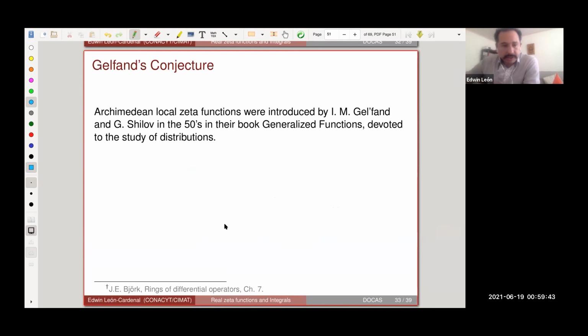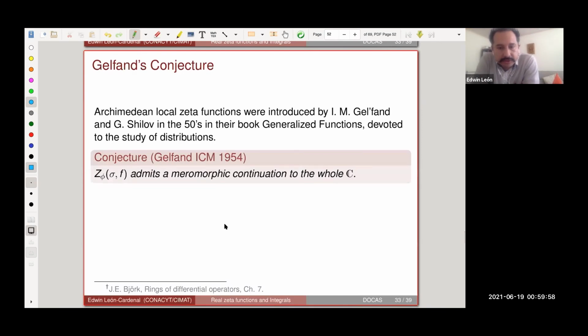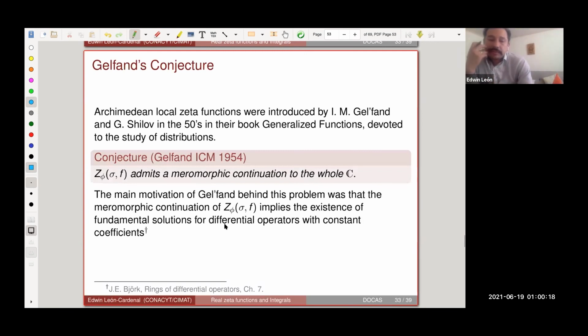So, a little bit of history. Archimedean local zeta functions were introduced by Gelfand and Shilov in the 50s in the book Generalized Functions. Generalized functions are known nowadays as distributions. So in the ICM of 1954, Gelfand conjectured that the local zeta functions admit a meromorphic continuation to the whole complex plane.